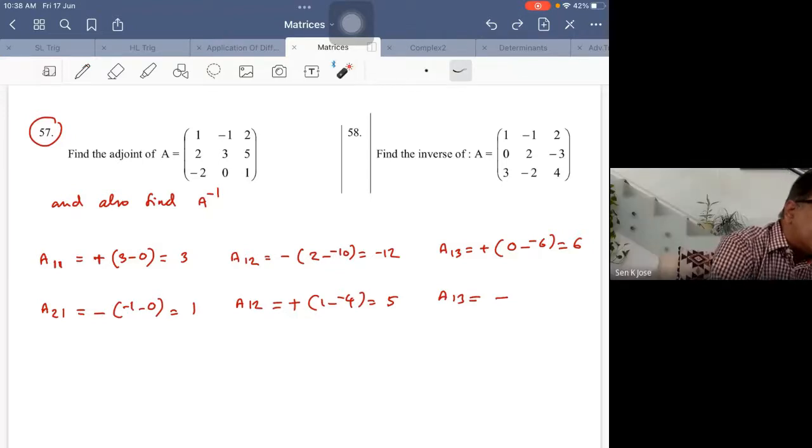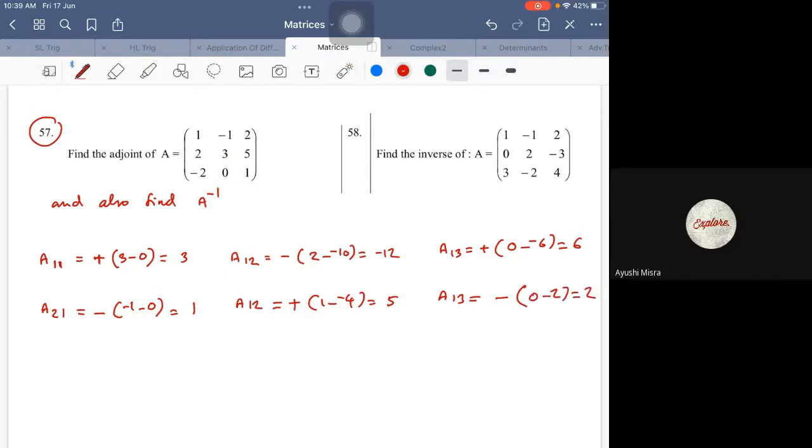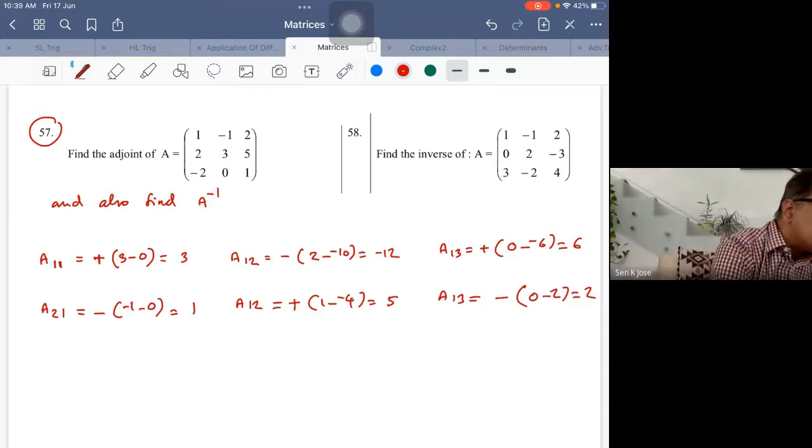It's minus because this was minus, then plus, and now this is minus. Okay, minus of, this is the element, delete the row and the column it contains, cross multiply 0 minus 2. So, minus 2, yes. So won't it be A22 and A23? I don't know, I wrote them wrong. Okay, I wrote even this wrong. It's 2, 2 and 2, 3.